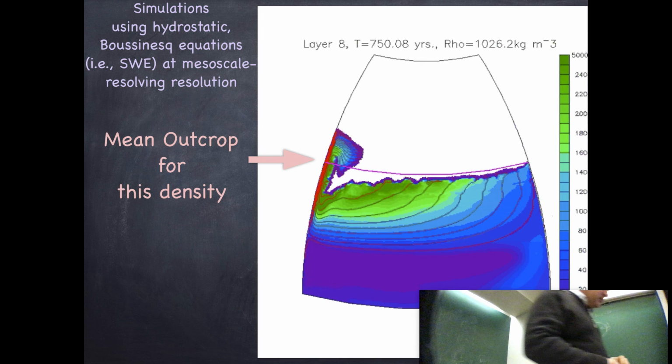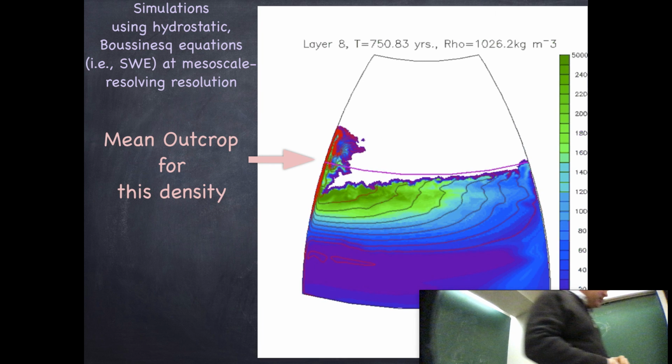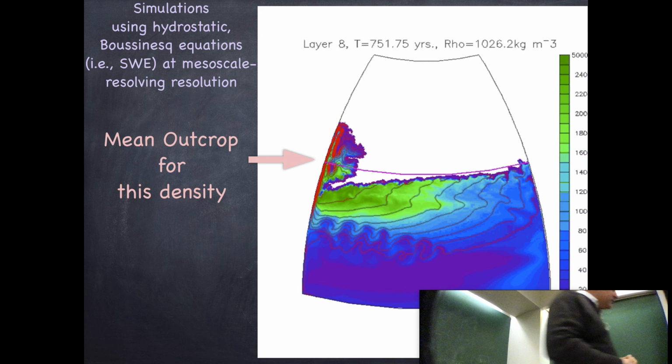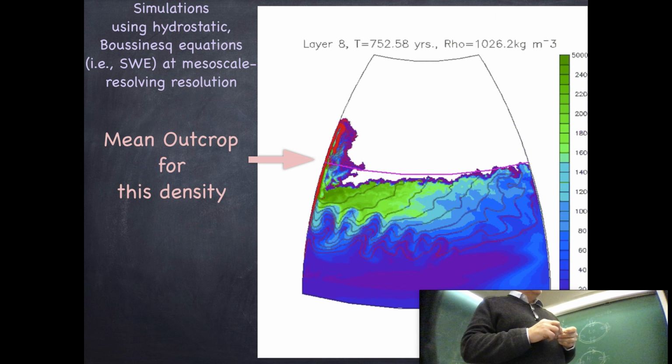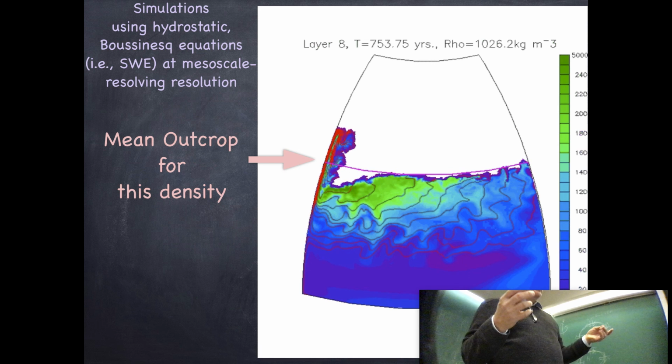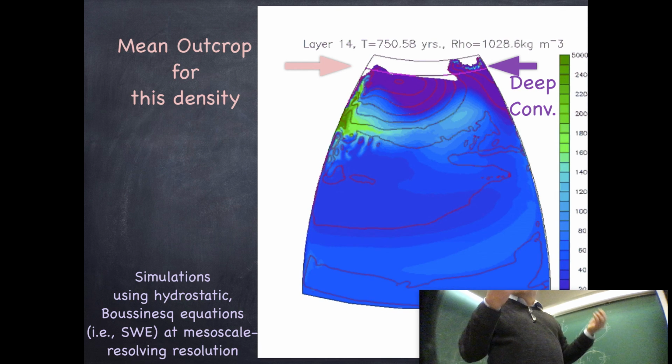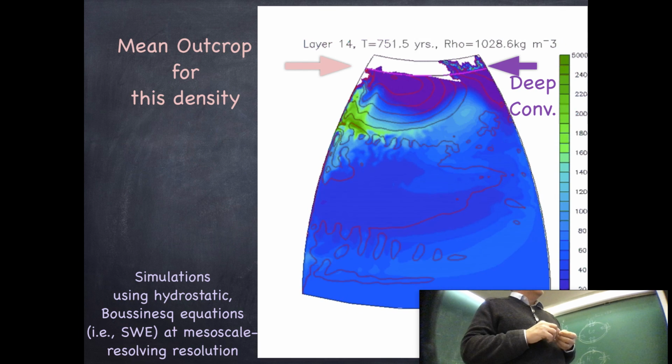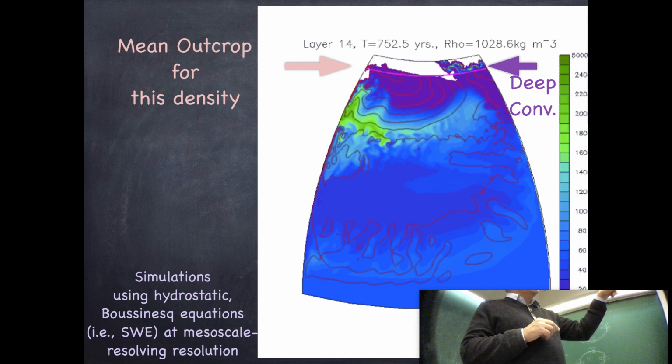If we go to a deeper level, it looks similar, except it's at a different density, so it's a little bit different. Go to a deeper layer still. Now we start to see the effects of the wind direction in the other direction on the top.